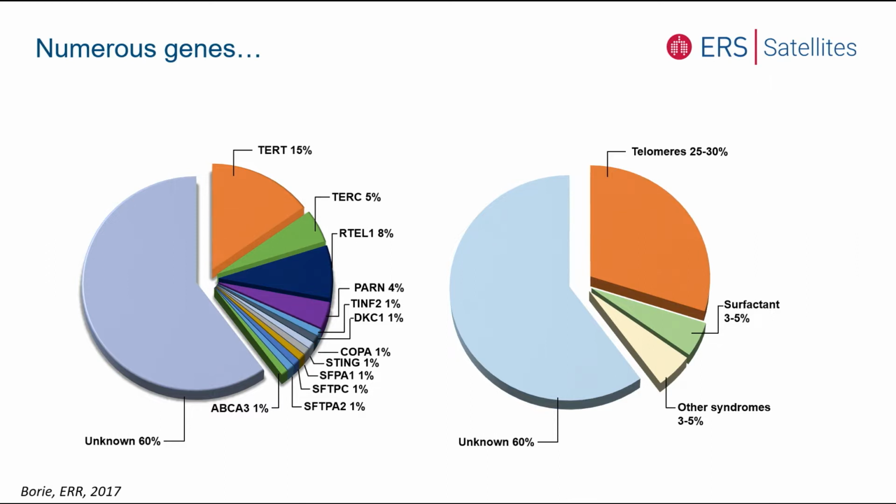The first and most important one gathers the telomere-related genes. I'm going to go further on that. The second one is related to the surfactant pathway, mostly in children, but there are some cases in adults. And the third one is the different kinds of super rare syndromes, such as Hermansky-Pudlak and so on. So I'm not going to talk about it today.